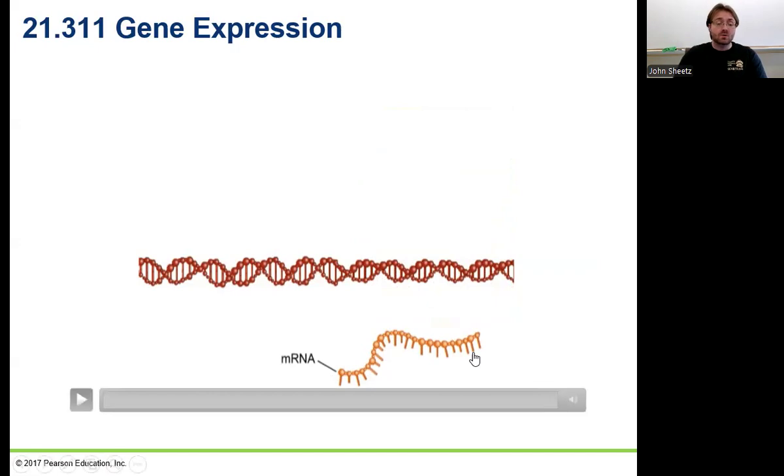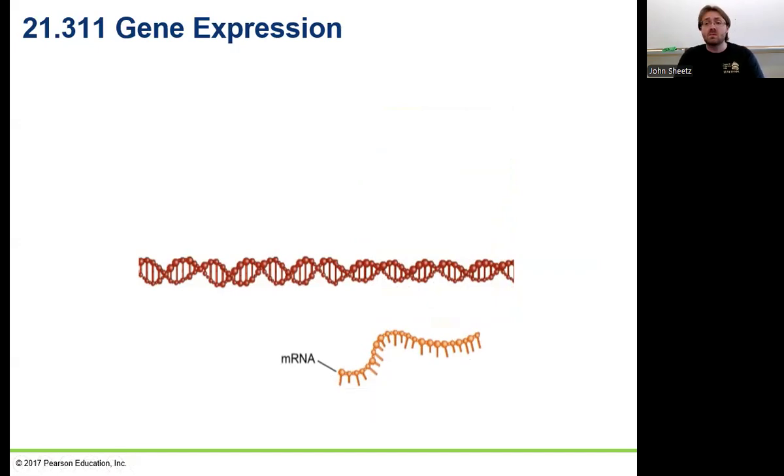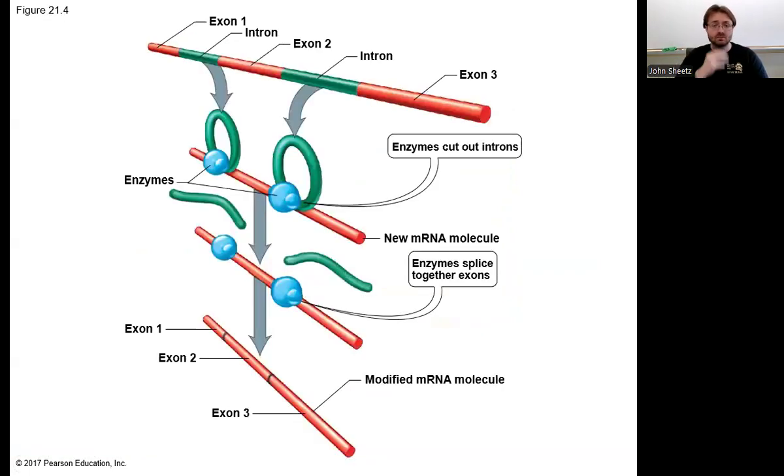All right. So that's just another way of visualizing alongside the explanation. Here you can see the mechanism by which introns are cut out of the sequence. So here we have the exon, exon, and exon.